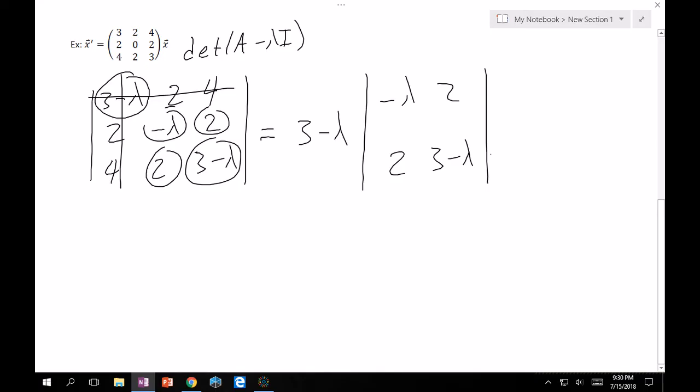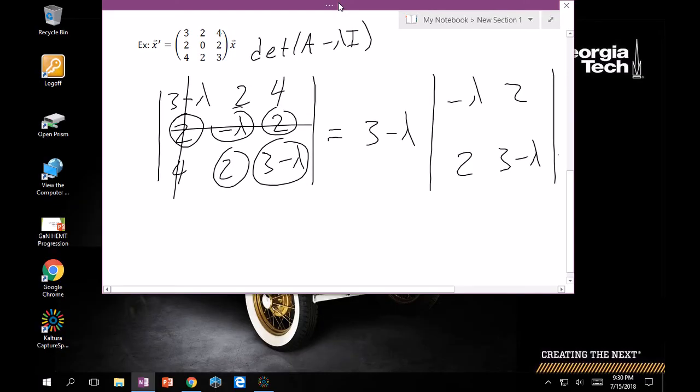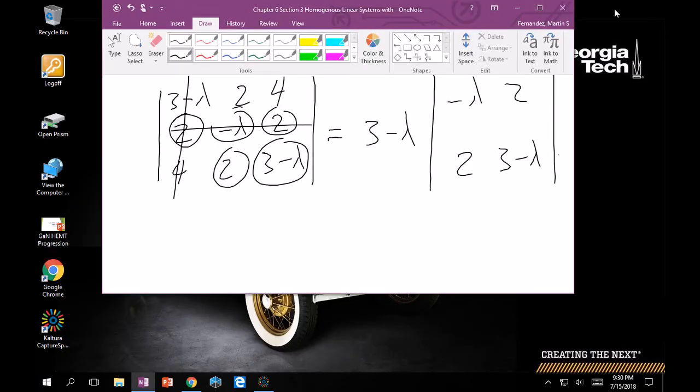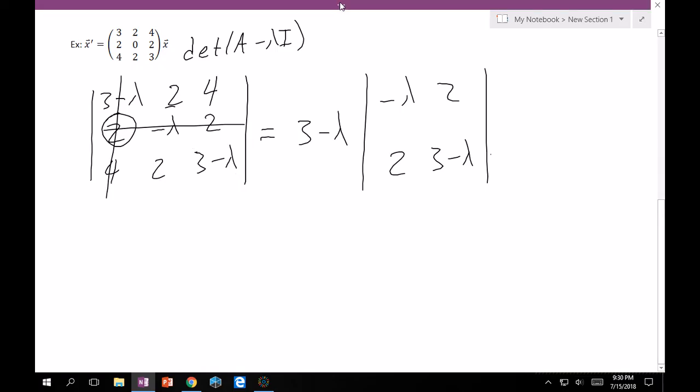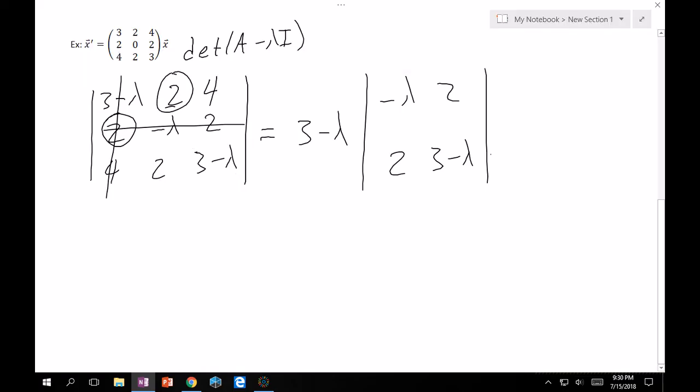So I said I was going to do the column, so now it's this one. This is the one that is of interest. So we cross here, which means that the 4 terms of interest are now 2, 4, 2, and 3 minus lambda.